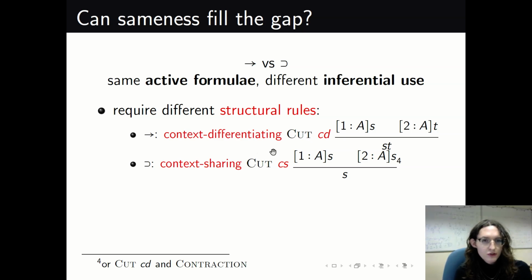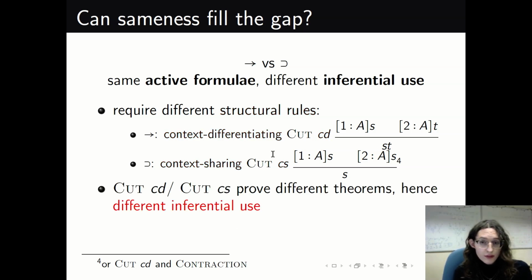Instead, we would need to use context sharing cut, so cut where we have in each of the premise sequents the same context sequence. Alternatively, we could also use context differentiating cut, but then add additional contraction rules. But as we all know, context differentiating cut by itself and context sharing cut, or context differentiating cut with contraction rules, prove different theorems. And hence, those structural rules have very different inferential use, very different kind of reasoning we can do with them.